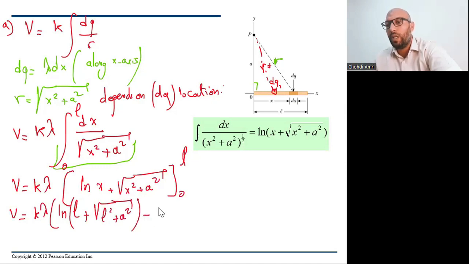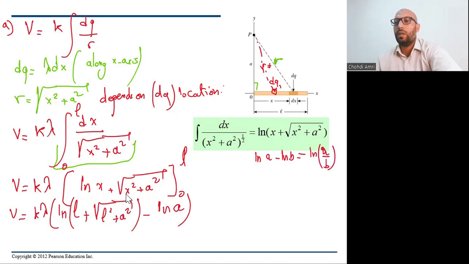Good. Minus ln, now we substitute x by 0. ln 0 plus square root of 0 plus a squared. So it will be ln a. You know that ln a minus ln b is equal ln a over b.